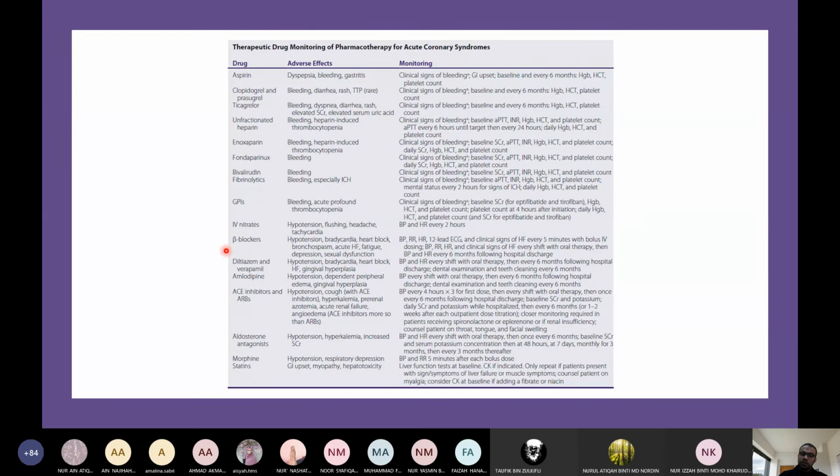If you want to have a look overall, this is a summary, I think, from the pharmacotherapy book regarding the monitoring. What I have, maybe I can highlight for you here. You can see the bleeding risk.